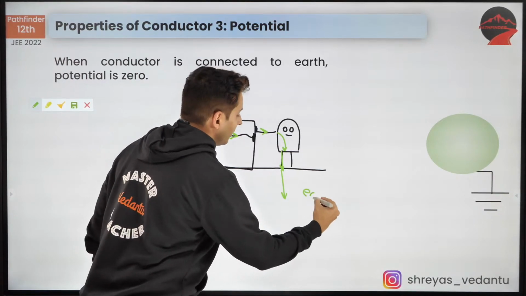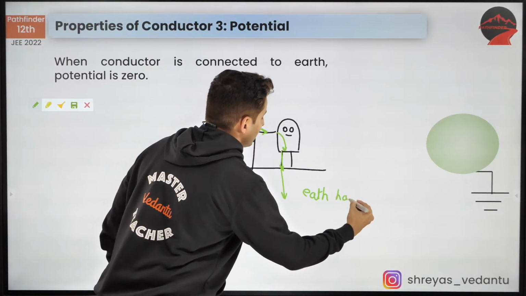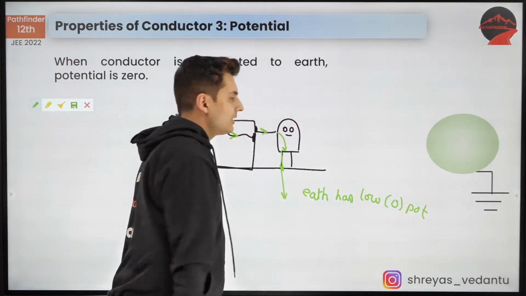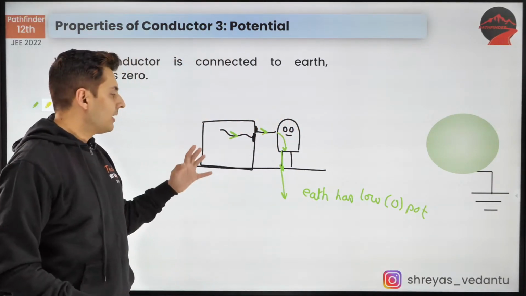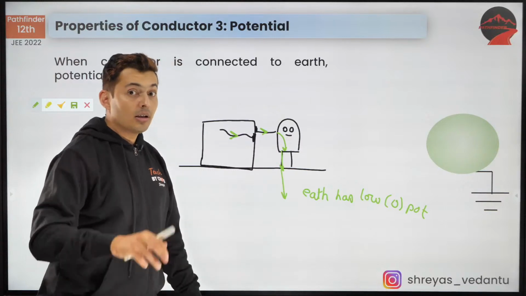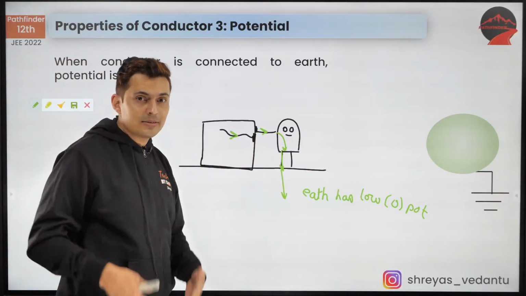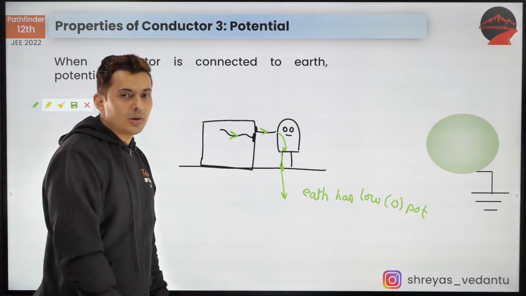Because remember, earth has basically zero potential. So all the charges would love to flow till it is all drained out. Because of this, Pandu will get a shock because current is flowing through his body.